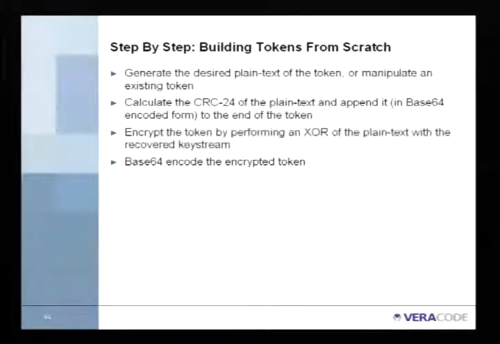Encrypt the token by performing an XOR of the plain text with the key stream that we recovered in the earlier steps. So that's our process of encrypting. And then finally, base 64 encode that encrypted token so that it's in the same format as what we originally saw. And when you do that, you can see other people's statements. You can view files on the system. You remember the file parameter.